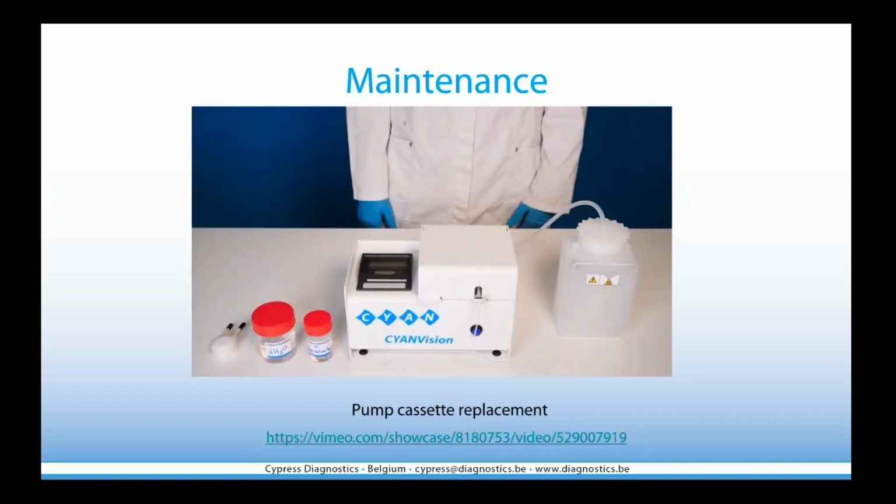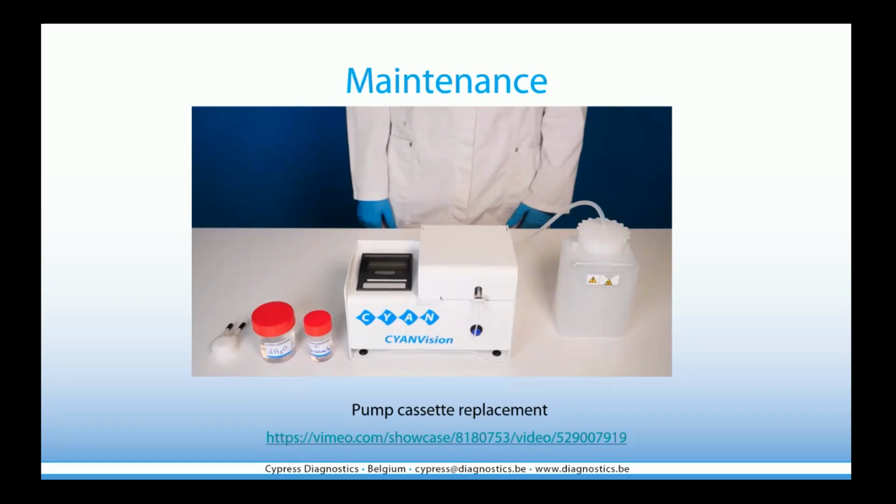But to be able to have the right aspiration rate of your samples, we advise you to replace the pump tube. In the past, it was just a tubing to be replaced, but that also required a lot of validation and initiation to make sure that the pump was working well.